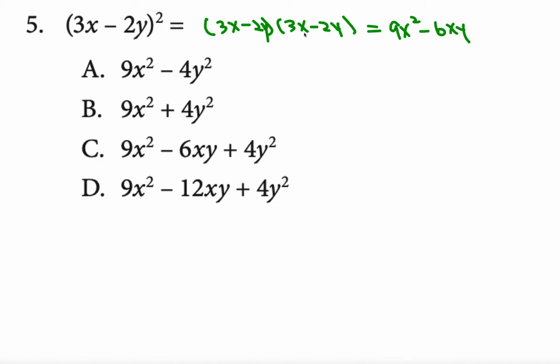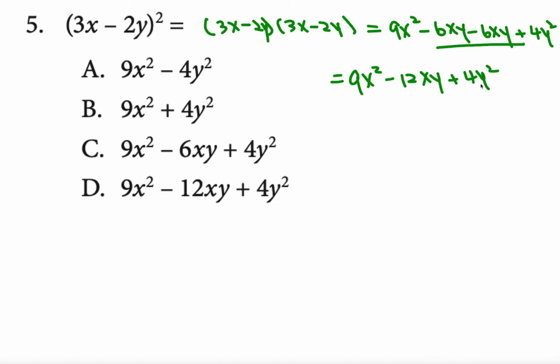Negative 2y multiplied by 3x becomes another negative 6xy. Lastly, when you multiply those two, you get plus 4y squared. Well, we know that we can combine the middle terms here. So we get 9x squared minus 12xy plus 4y squared, which is choice D. Hence, D becomes the answer for number 5.